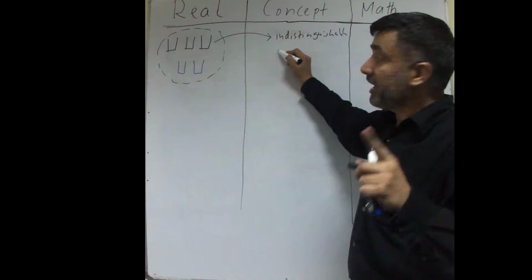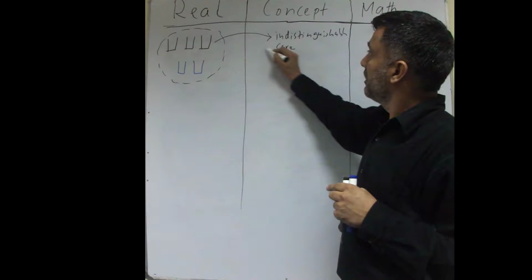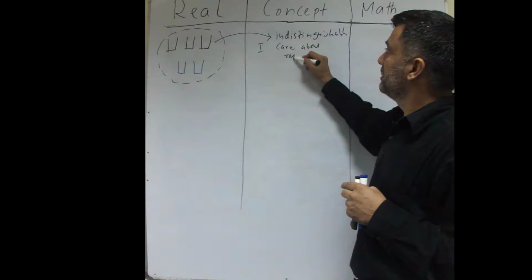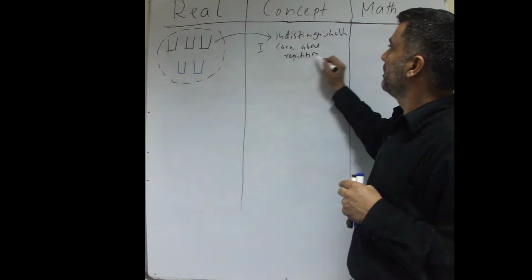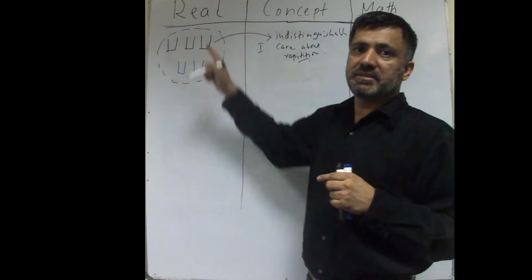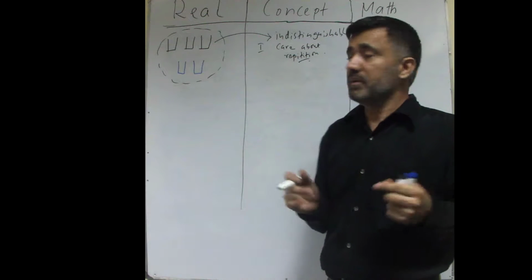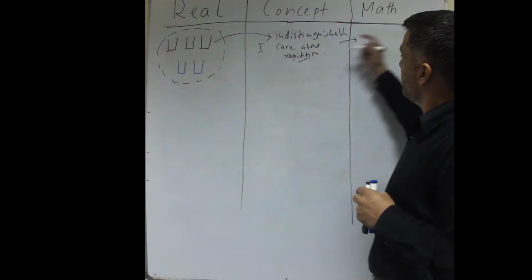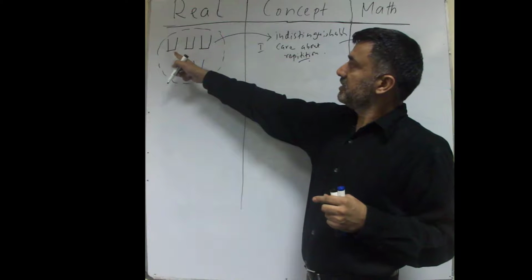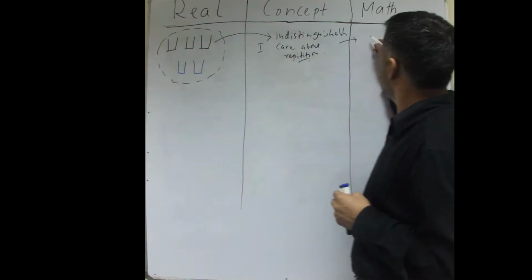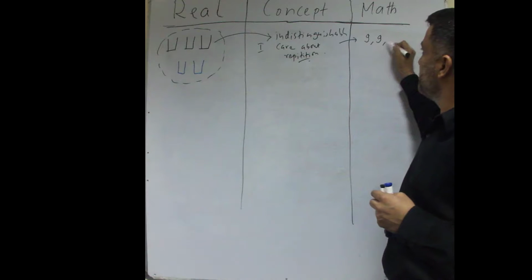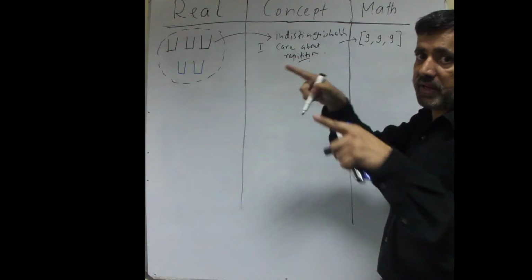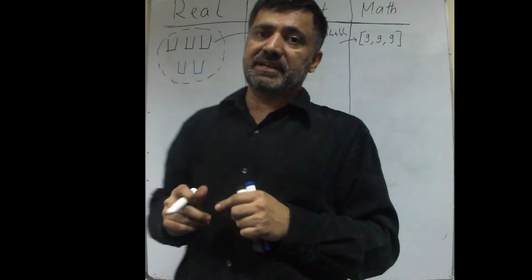and because I care about repetition, if a cup is 3 times, I want to know that 3 times. So then I need a mathematical object where, let's write G for glass: G, G, G. And let me use this square bracket so that you do not confuse it with sets.